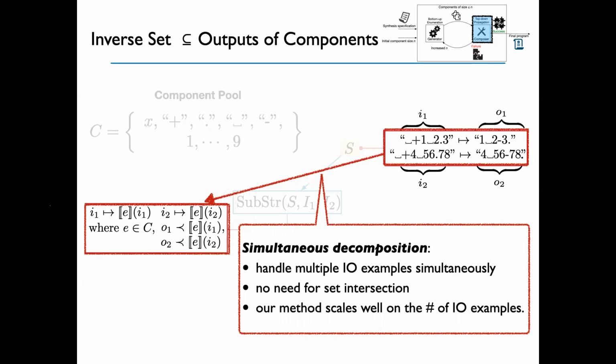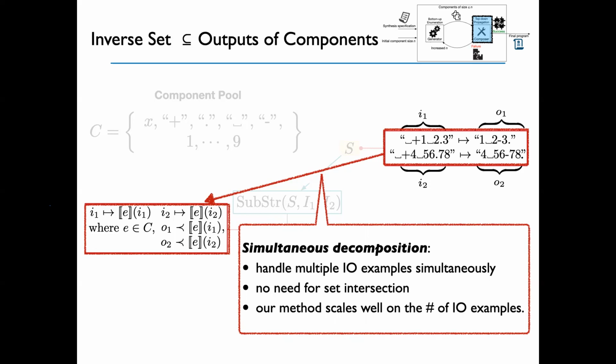Here, one difference between our method and the previous top-down propagation is that our inverse functions maintain a set of multiple input-output examples and perform simultaneous decomposition on the examples. In contrast, the previous top-down propagation performs decomposition for each individual example.